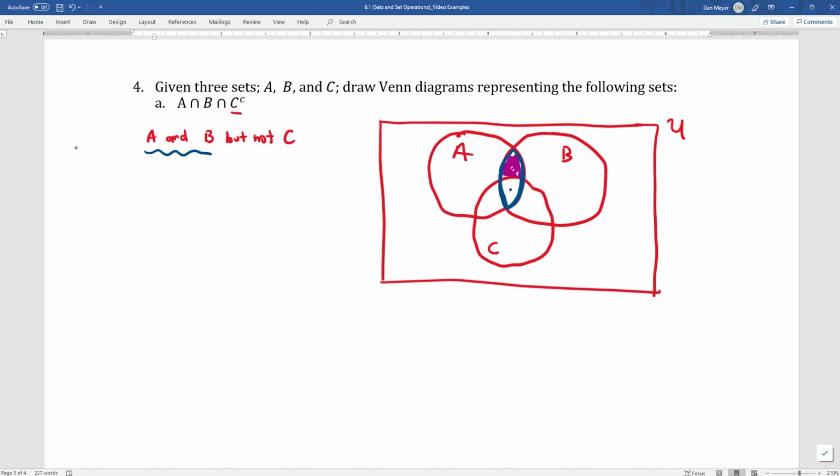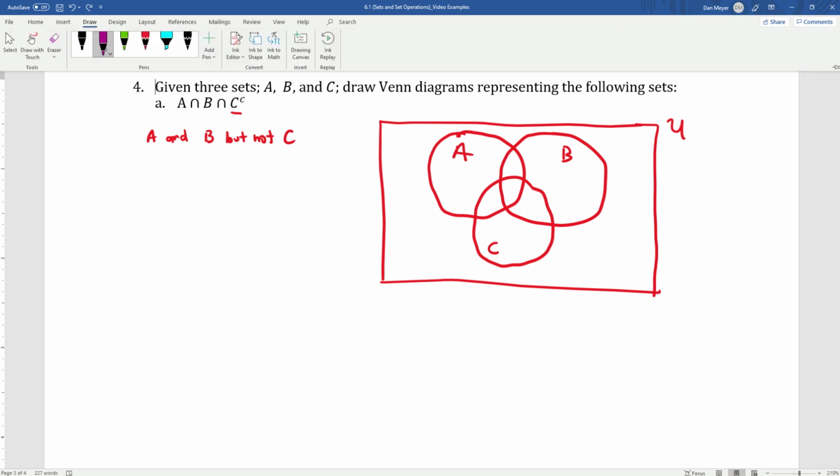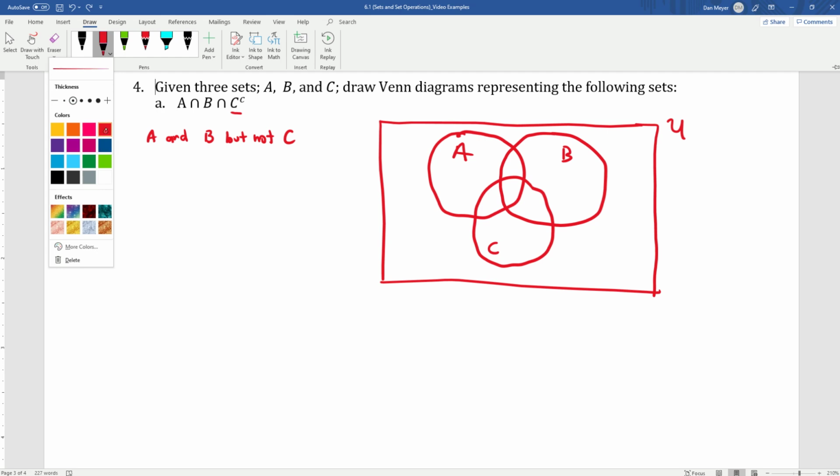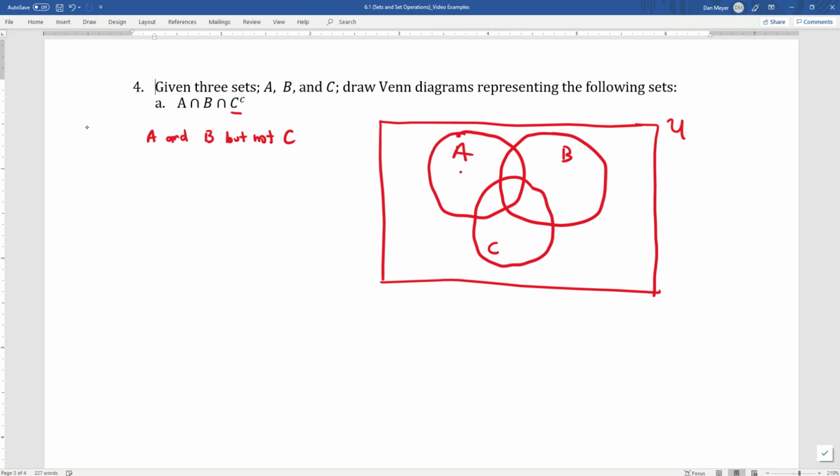Another approach here is to do what's called coloring by numbers. If you were like me, you did some paint by numbers when you were a kid. Here we can color by numbers. Actually, it's going to be coloring by letters. There's a bunch of regions here, and we're just going to label each individual region with a letter.